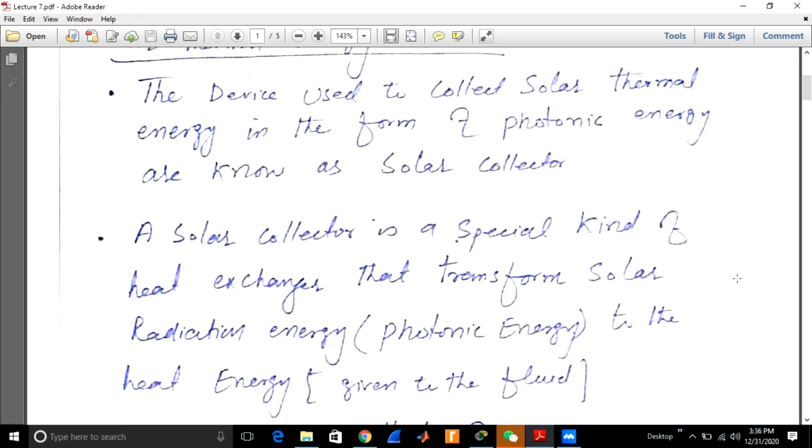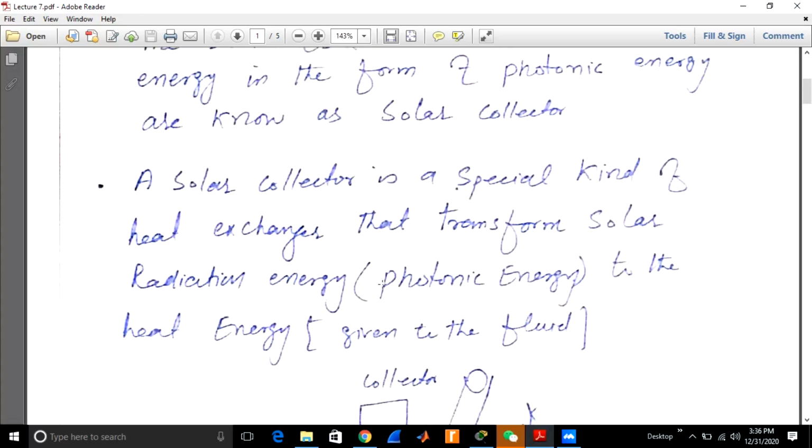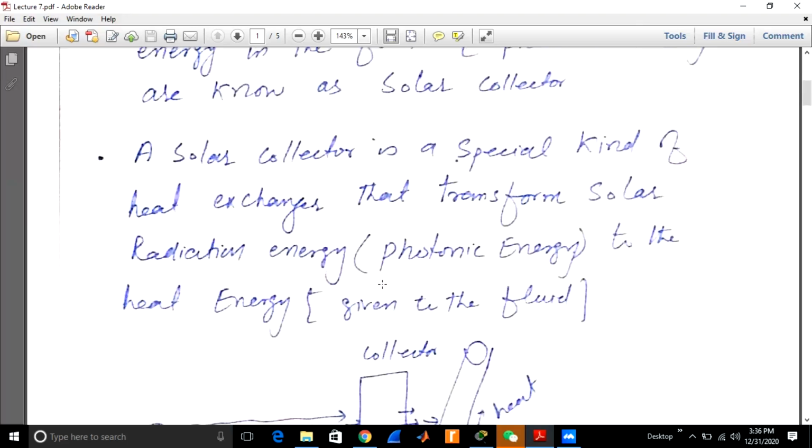It means that there is an exchange of energy. One is the solar radiation energy, meaning photonic energy, and the other is the heat energy of the fluid. So how will we change the solar radiation energy to the heat energy of the fluid? We will use this device, the collector. It behaves like a transducer from a communication point of view.